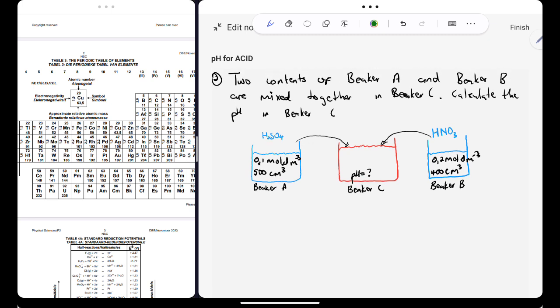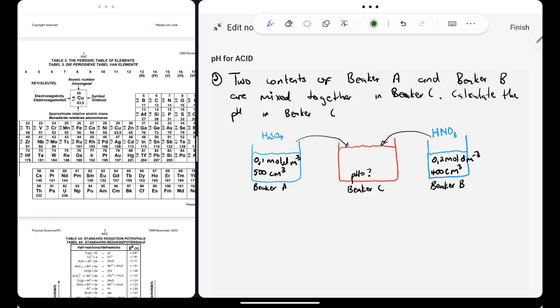So since both of the acids give a higher concentration of hydronium ions, it simply means the solution in beaker C will be highly acidic because it will have an excess number of hydronium ions.